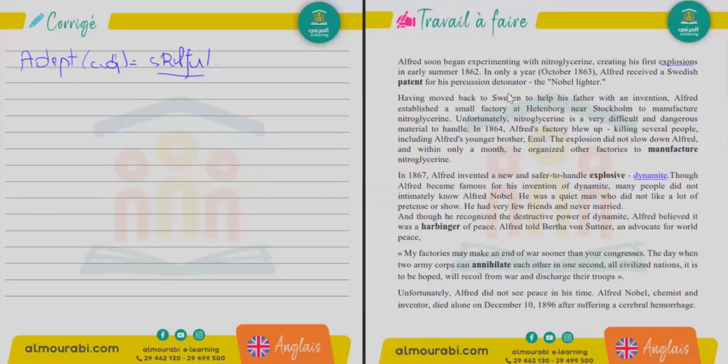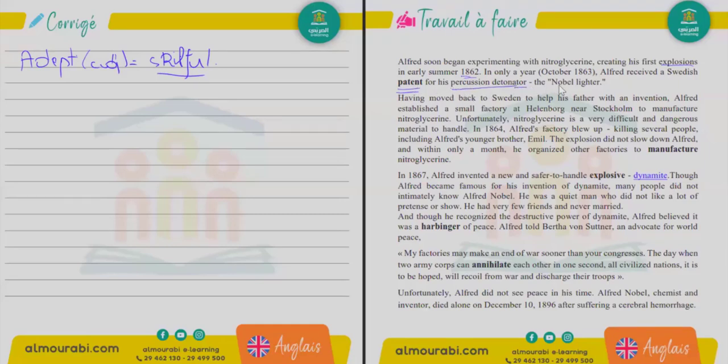In early summer 1862, in only a year, October 1863, Alfred received a Swedish patent for this percussion detonator, the Nobel lighter.